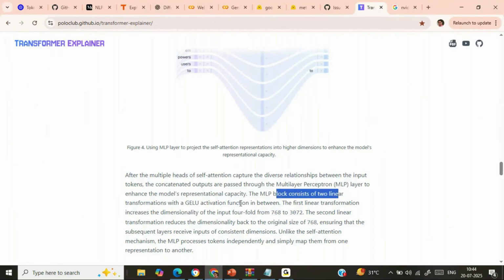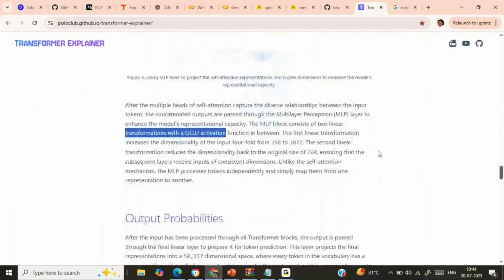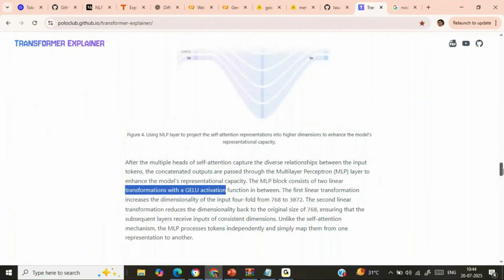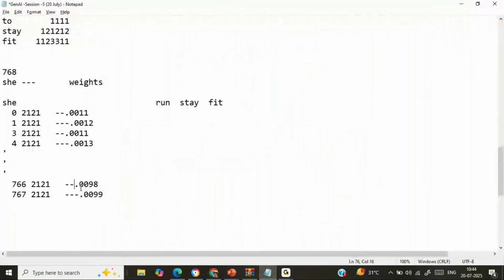The MLP consists of two linear layers. We will go through this mathematically, no need to worry. So over here, it will try to fine tune the weights with respect to the external information or external knowledge.